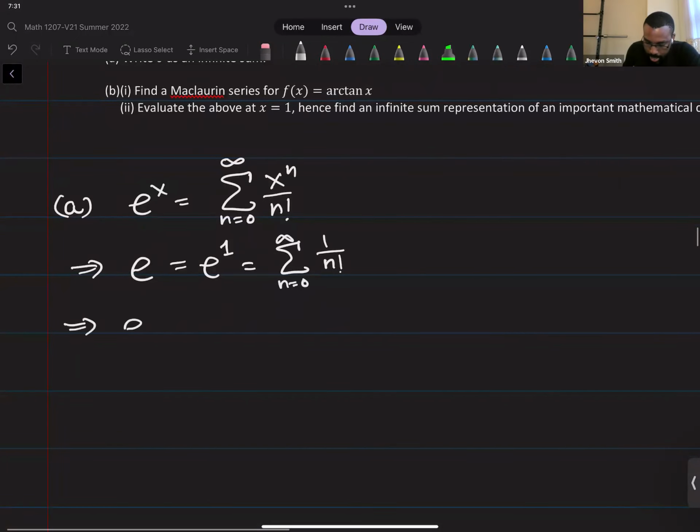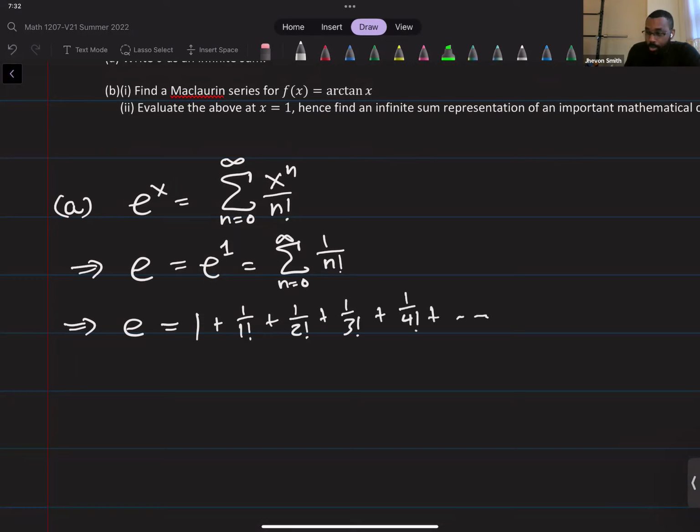This means that I can write e as 1/0! plus 1/1! plus 1/2! plus 1/3! plus 1/4!, going on forever. That will actually add up to the number e.